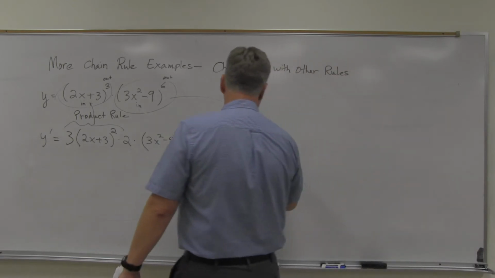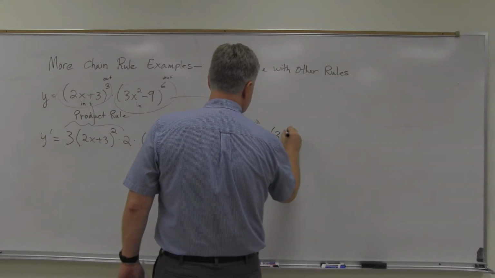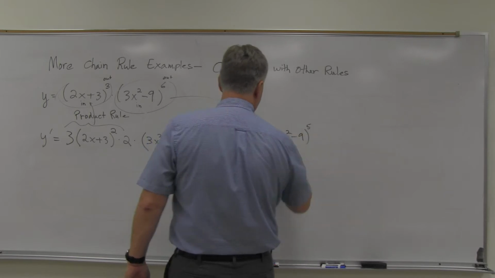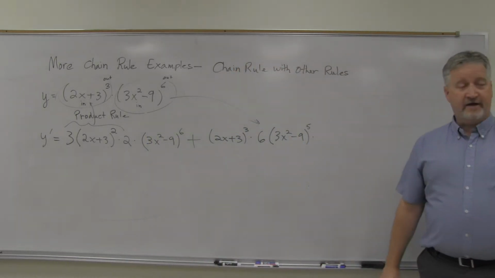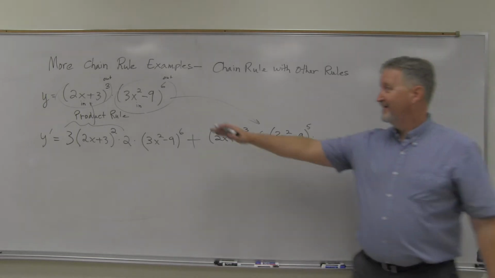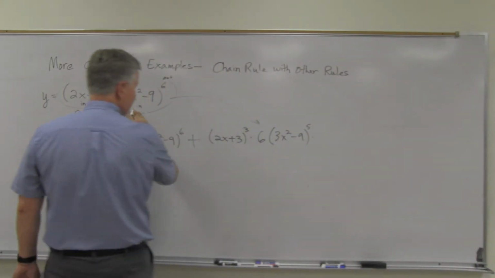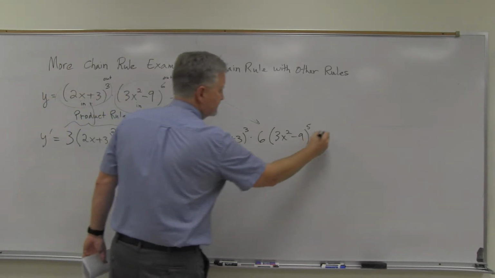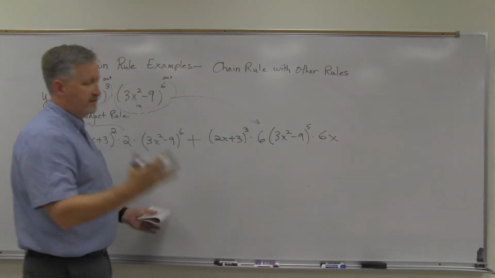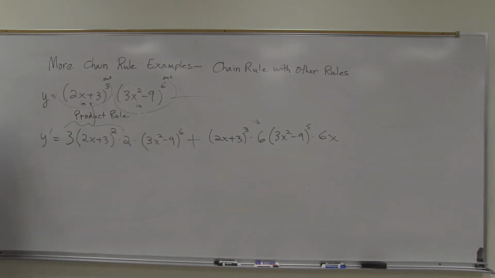Bring down the power. Inside stays the same. The new power, 1 less, is the 5th power. But I'm not done, because now that's the derivative of the outside, so I have to do the derivative of the inside. The derivative of the inside is 6x, because the minus 9 derivative is 0. Okay?